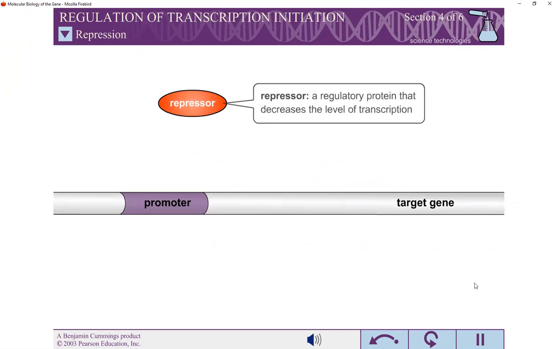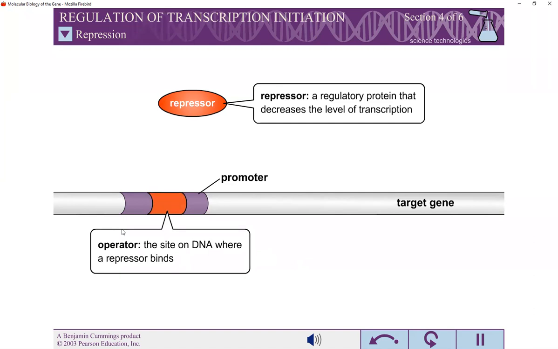A repressor is a regulatory protein that decreases the level of transcription. Now, that one was referred to as an activator, meaning good friends. And this is referred to as a repressor, meaning best friends. Now, what is the best friend going to do? The site on the DNA where a repressor binds is called an operator.